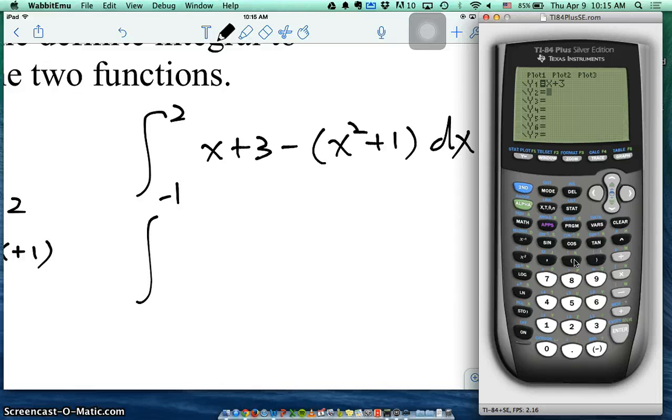Now when we do the integration, it will be easier if we take everything out: negative x squared plus x plus 2, that is x plus 3 minus x squared minus 1 dx.